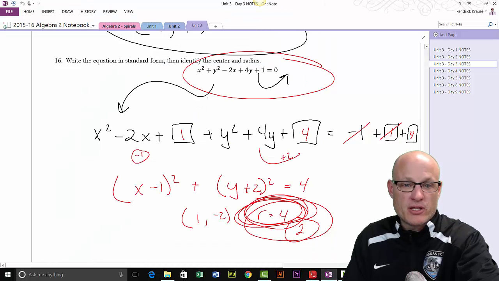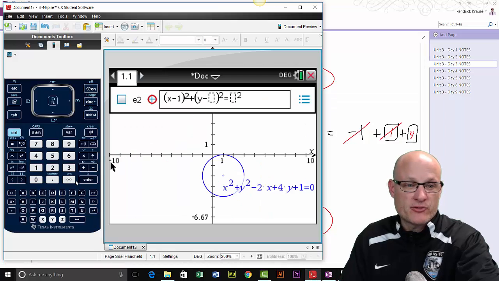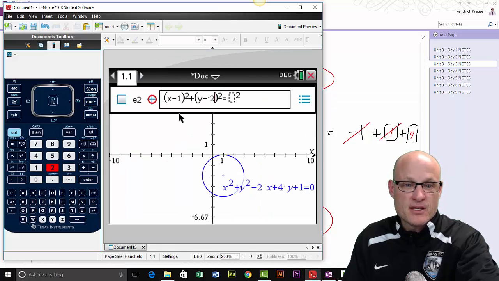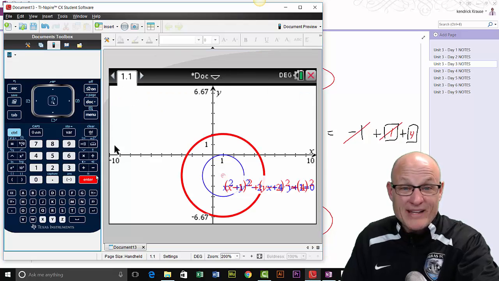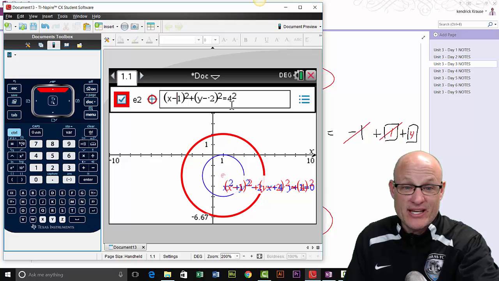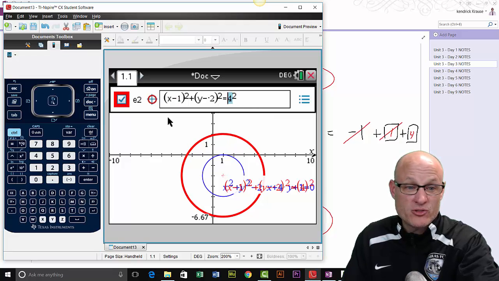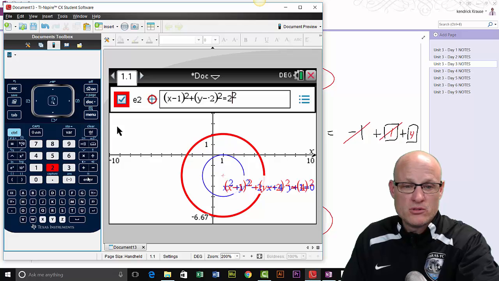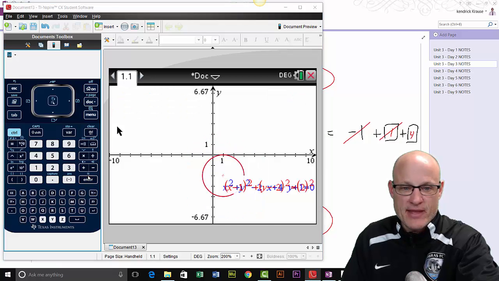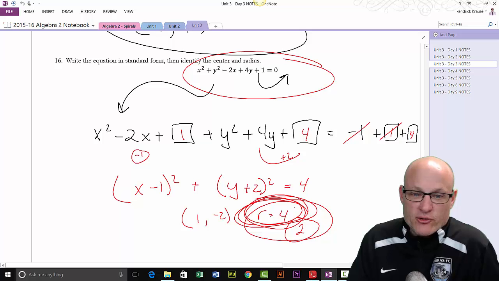And then it was plus 2, and the only way to get plus 2 is to put a negative 2 in there. And if I thought this was a 4, you're going to say, oh, wait a second, that's twice as big. What did I do? Hit the tab button, hit the up arrow button, and said, oh, yeah, this shouldn't be a 4. This should be a 2. And there it is. It's right on top. And then that made more sense. So my radius here should have been a 2.